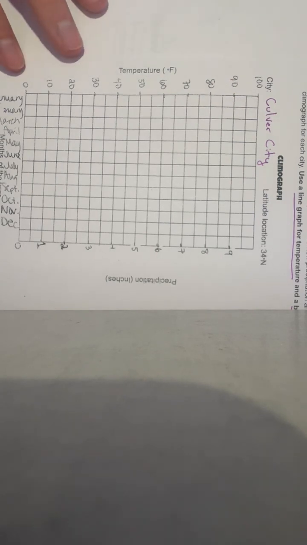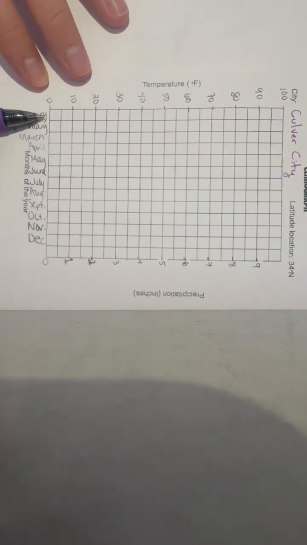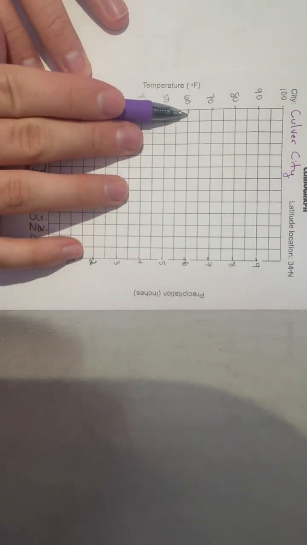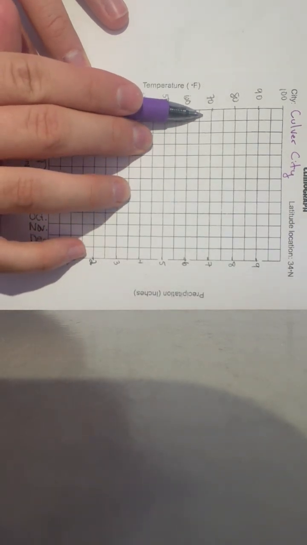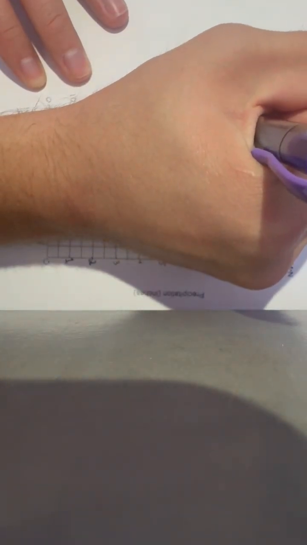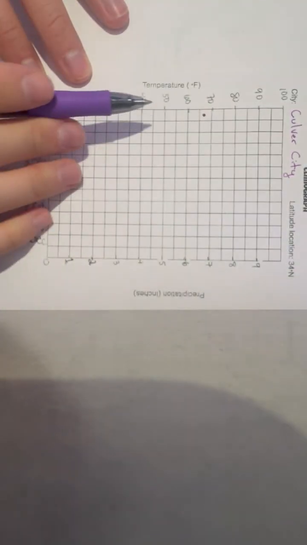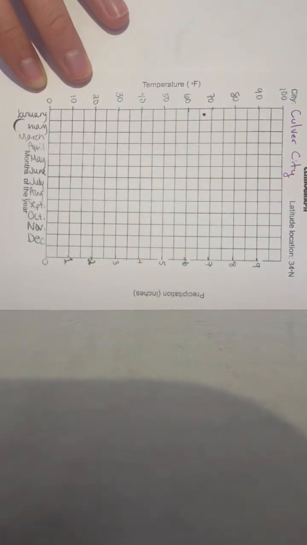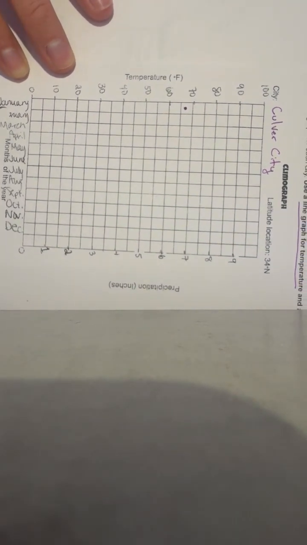So what I'll do is I'll go down here to January, and I go all the way up, and I find 60, 65, and then 67 is a little bit above that. So I'm going to make a dot. And what's different about this is we make it in the middle of the square like this. 67 in the middle of the square.